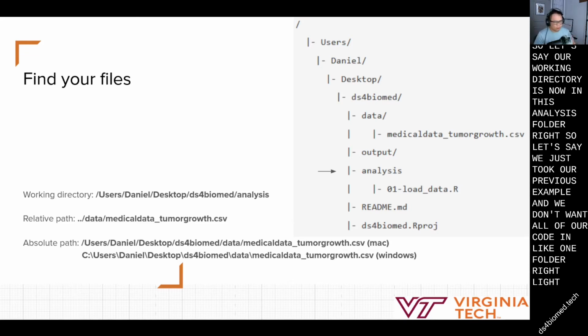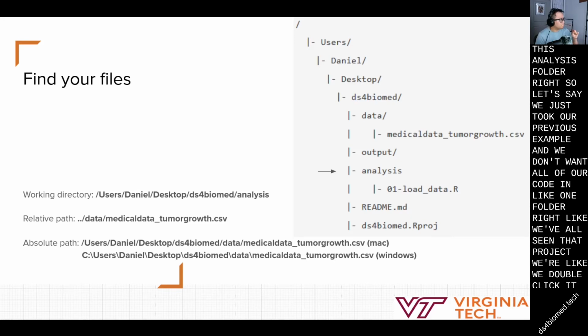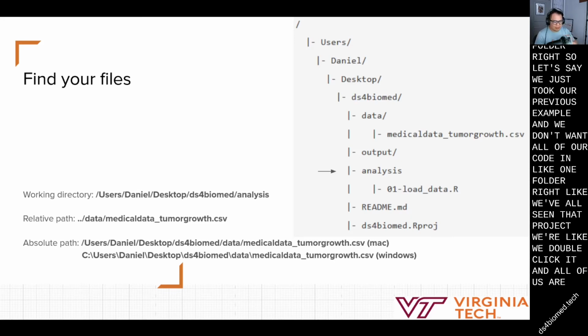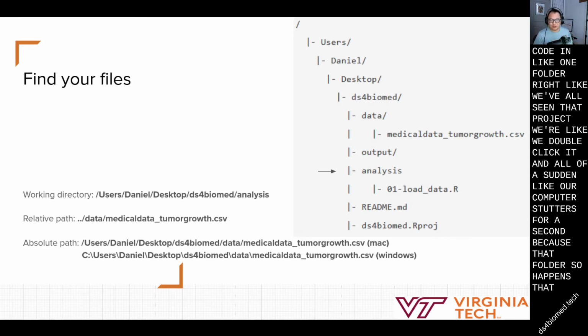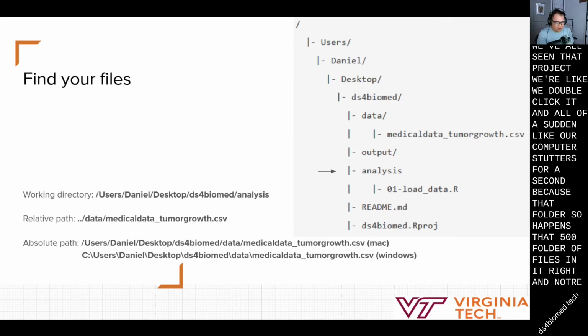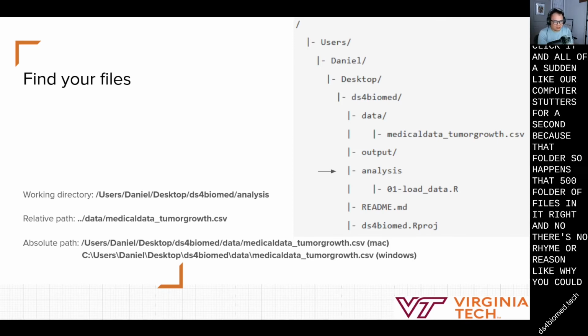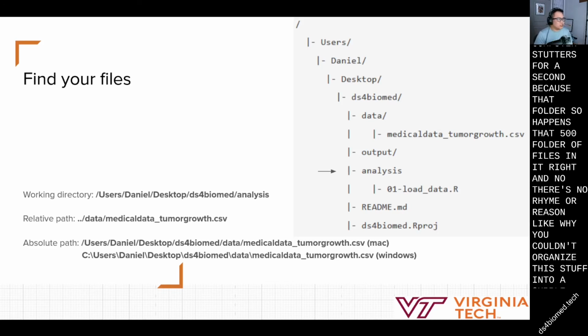We've all seen that project where we double click it and all of a sudden our computer stutters for a second because that folder happens to have 500 files in it, and there's no rhyme or reason why you couldn't organize this into a subfolder structure.